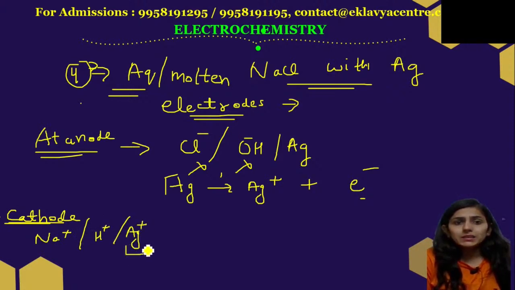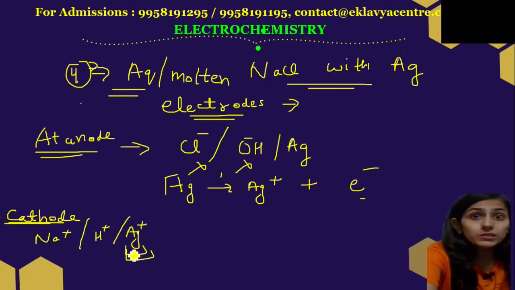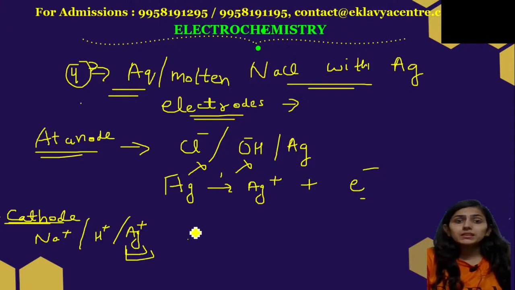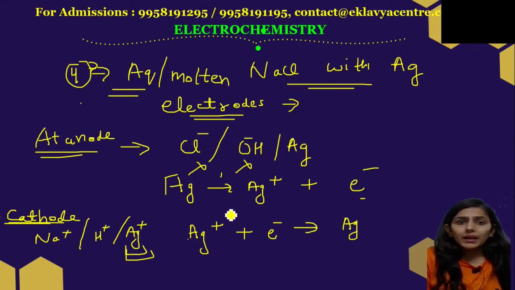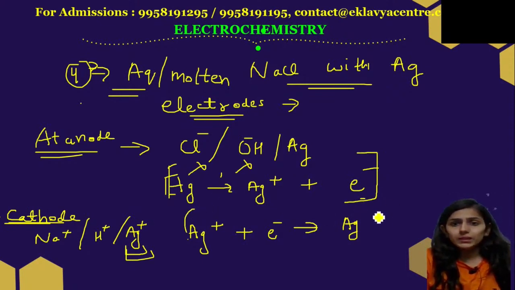Here also the SRP value is maximum in case of Ag positive, right? Silver has the maximum SRP value, so Ag positive plus electron will give us Ag, right? So means at anode the oxidation of Ag is going to take place, and at cathode the reduction of Ag positive is going to take place.